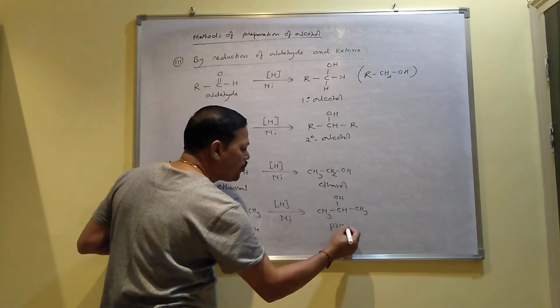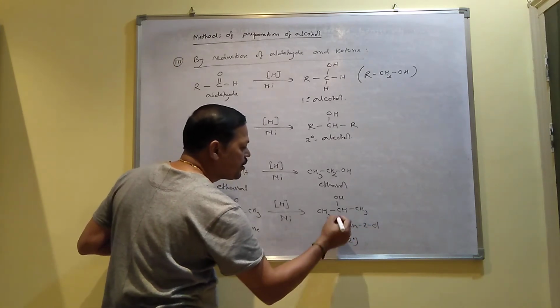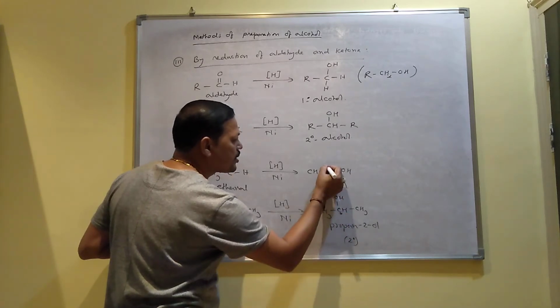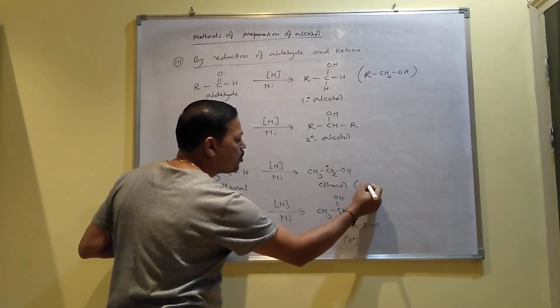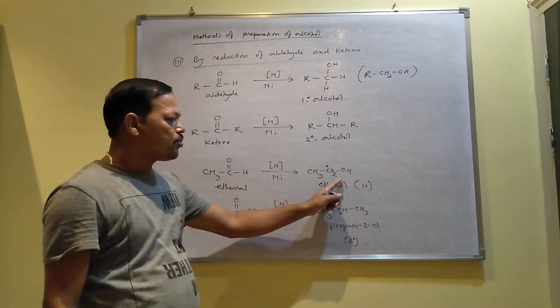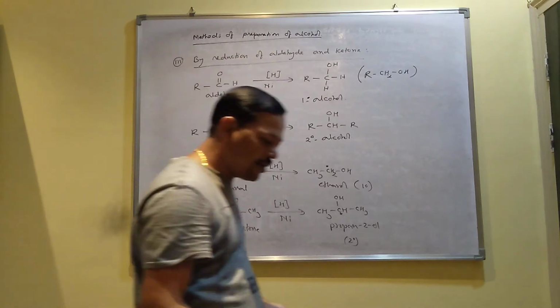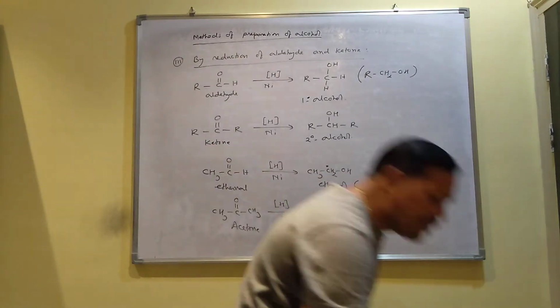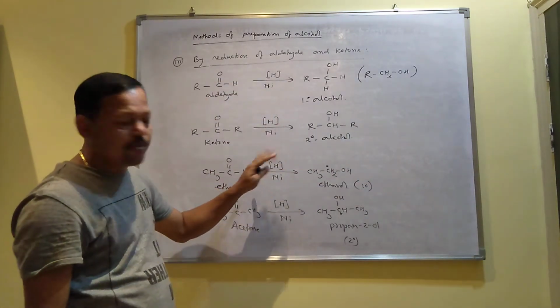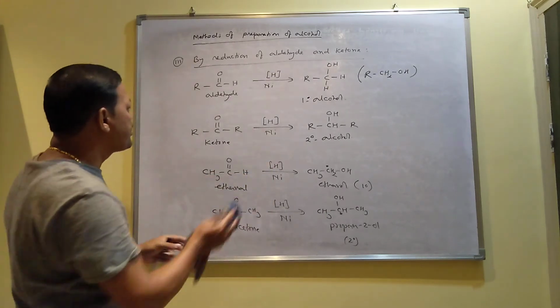Ultimately you will get propan-2-ol. This is secondary, because this carbon is a secondary carbon, and this carbon is a primary carbon. So after reduction of aldehyde, you get a primary alcohol, and after reduction of ketone, you get a secondary alcohol. This is one of the important methods of preparation, because by using this method you can prepare both primary and secondary alcohols.